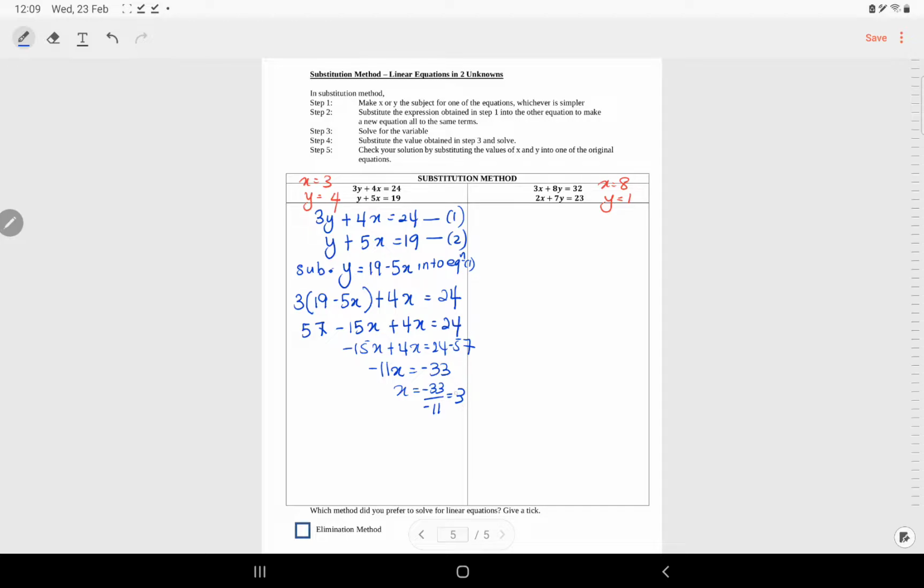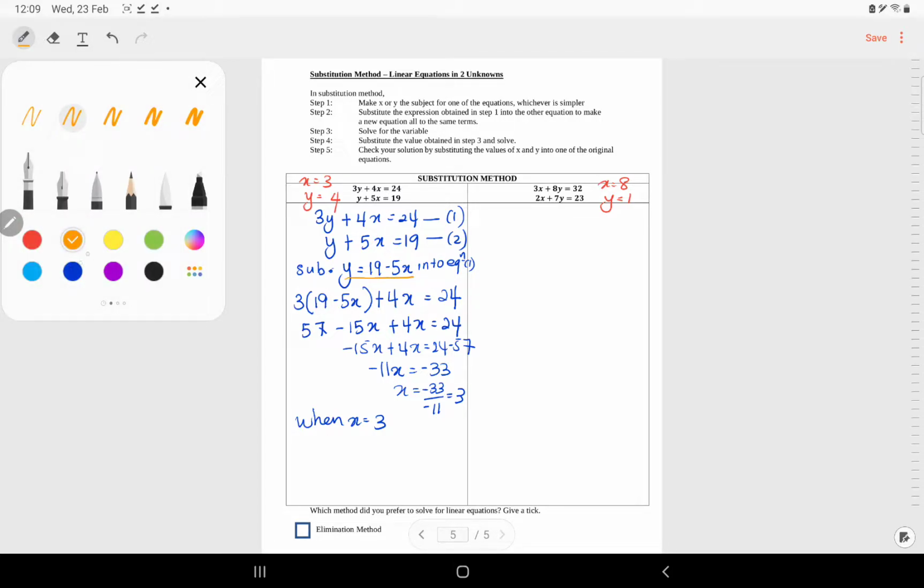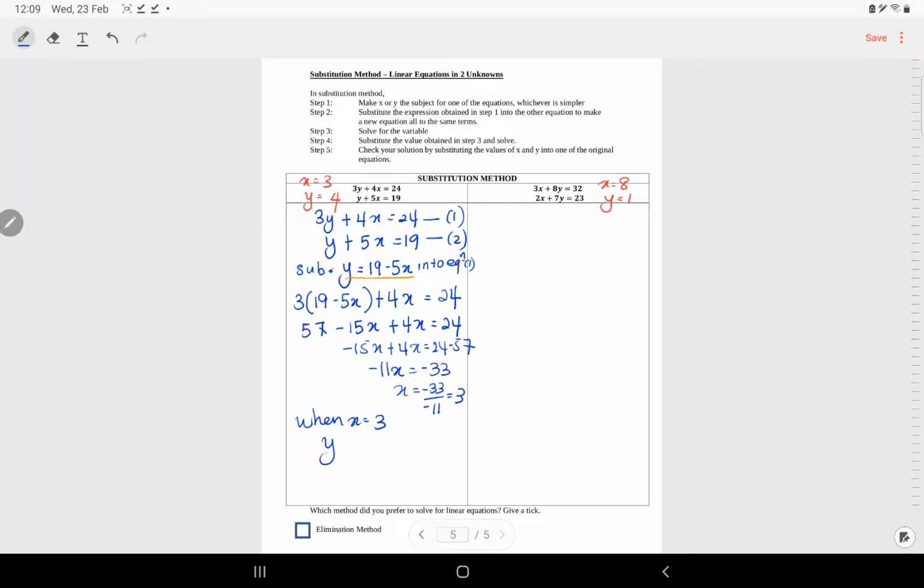Now that I have my x value, I can substitute that into the expression from just now. I had y equals 19 minus 5x, so y equals 19 minus 5 multiplied by 3. I substitute x straight away.